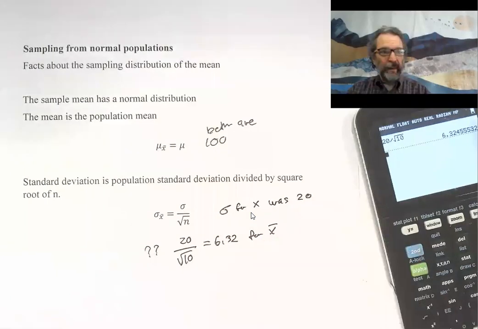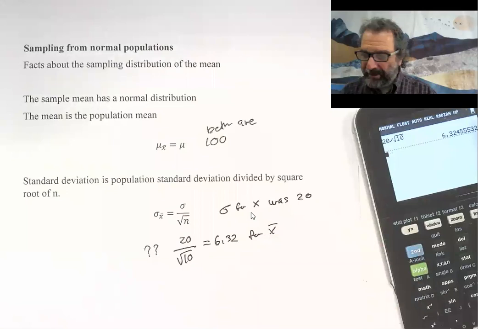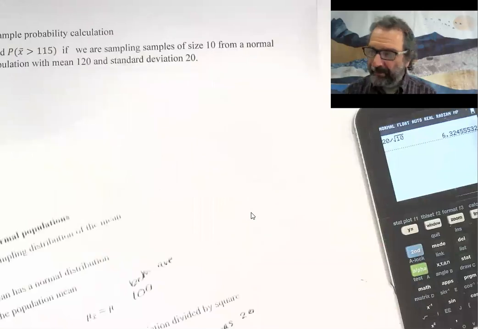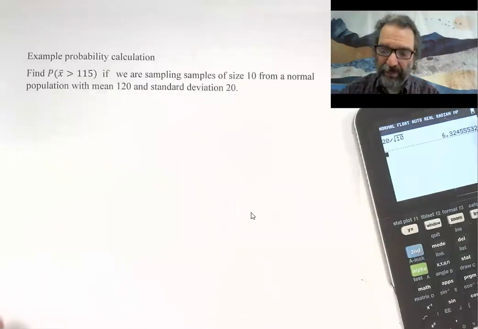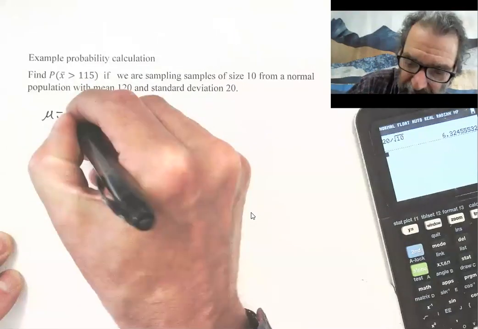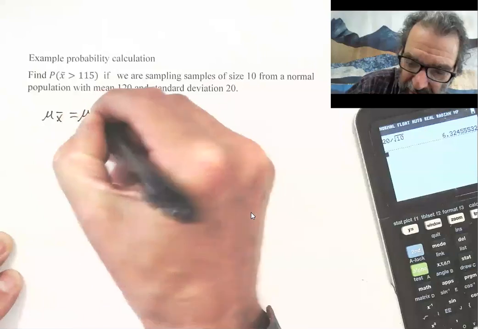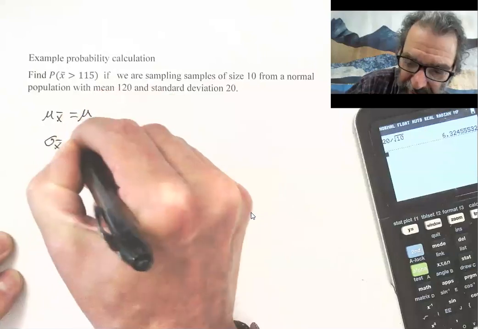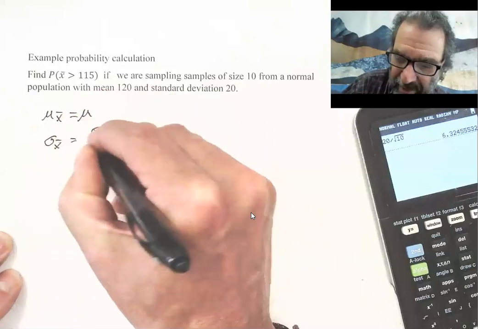Okay, let's keep moving. Let's use that information. Now, what information was that? It says the mean of x bar is the population mean, and sigma for x bar is the population sigma over root n.